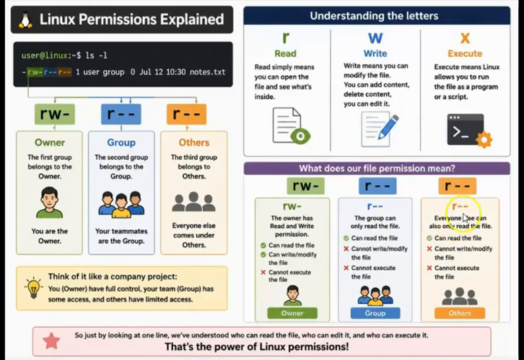And the last r-- means everyone else can also read the file. So just by looking at one line, we have understood who can read the file, who can edit it, and who can execute it. That's the power of Linux permissions. Congratulations, you have just learned how to read Linux file permissions.